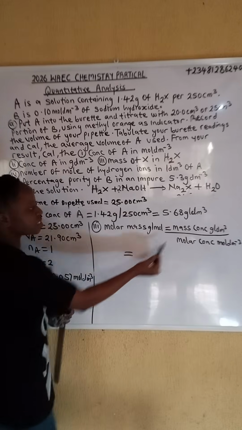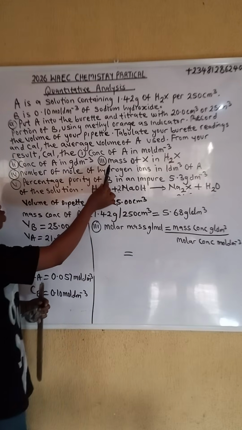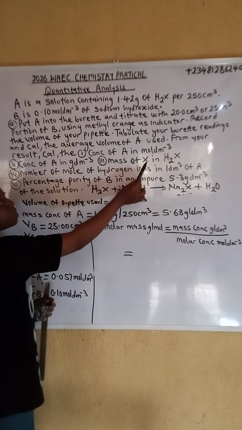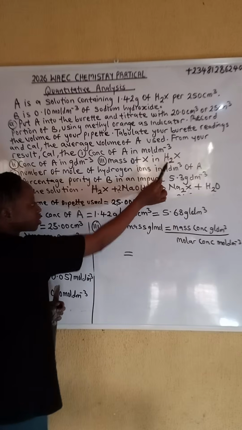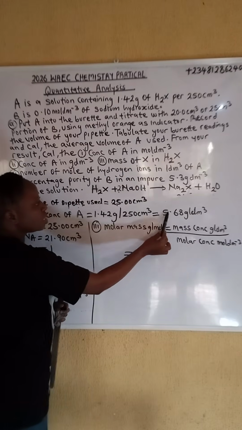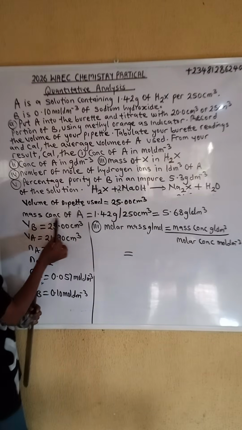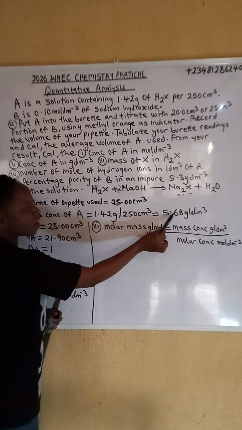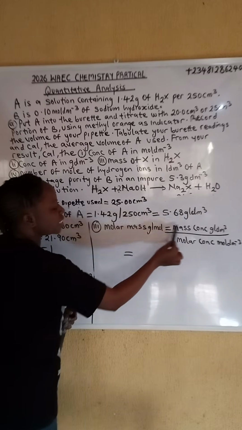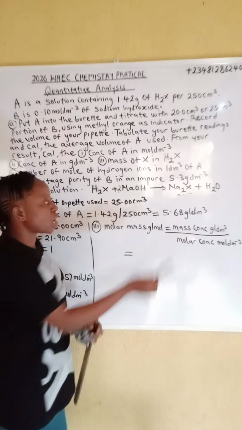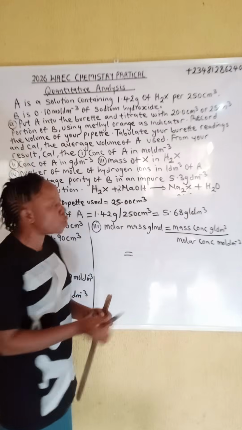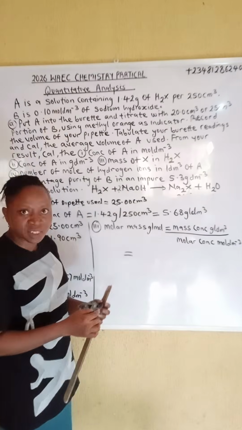So what is our mass concentration? Don't forget that we are looking for the mass concentration of acid. The mass concentration of acid is equal to 5.68 gram per dm cube. You use the one that you have converted to gram per dm cube, not the one in centimeter cube.